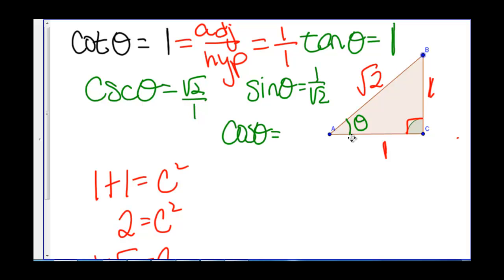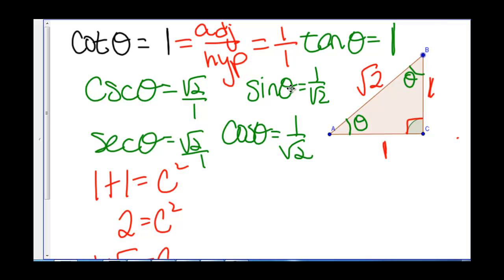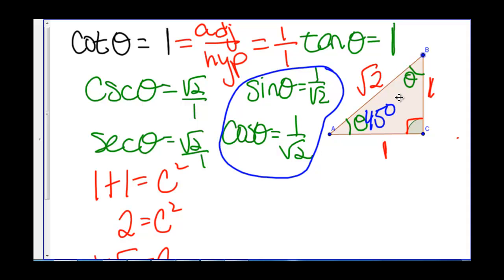Cosine theta is adjacent over hypotenuse, and secant of theta is hypotenuse over adjacent, so that's square root of 2 over 1. So notice that because these two sides and these two angles are the same, sine equals cosine and secant equals cosecant. So where do you recognize these from? Hopefully if you've done the unit circle, you should recognize that this occurs when the angle is 45 degrees.